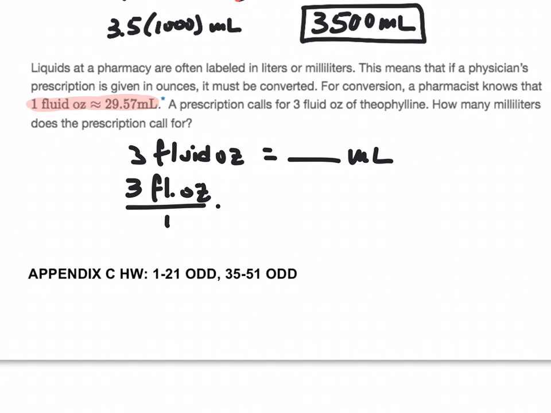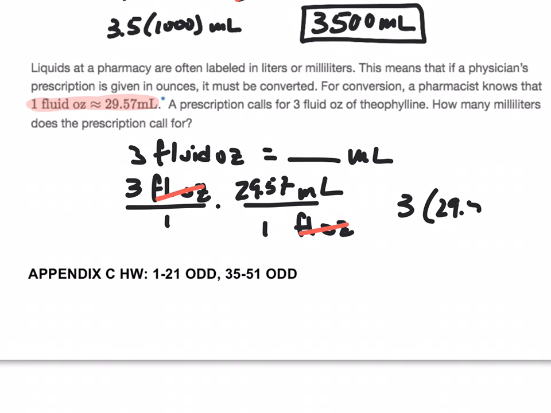I'm going to multiply that by fluid ounces on the bottom and milliliters on top. So what I know is that 1 fluid ounce is equivalent to 29.57 milliliters. So then my fluid ounces will divide out, and we are just simply left with 3 times 29.57 fluid ounces. And if we multiply 3 times 29.57, it's going to give us 88.71.